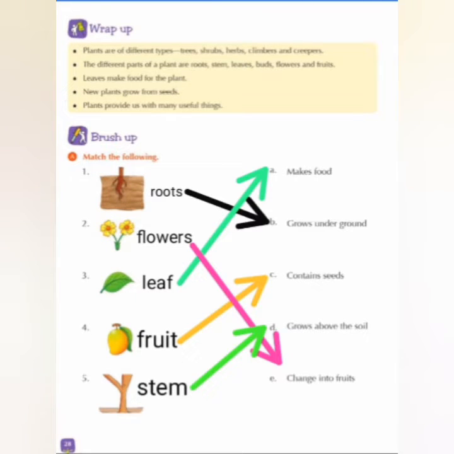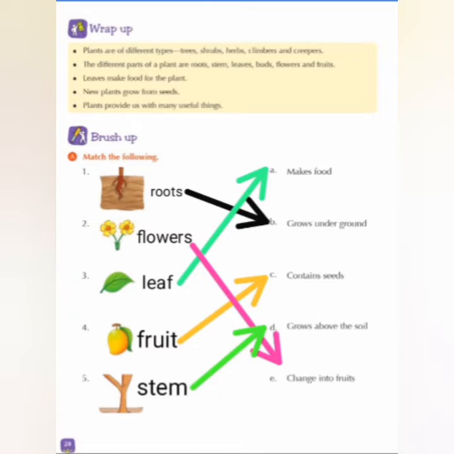Now read the next column. A part makes food. So, which part of plant makes food? Yes, leaf. So, match A part with third part of first column, that is leaf. Leaf makes food.